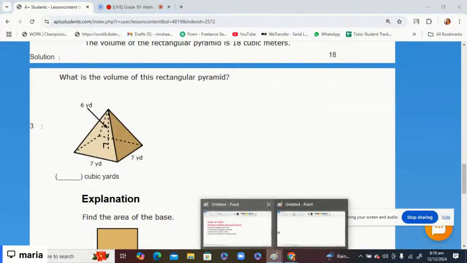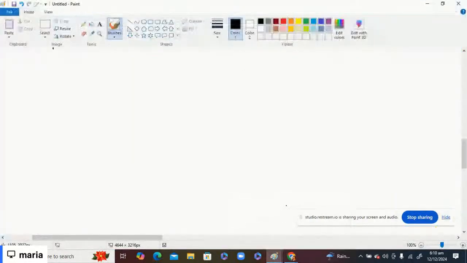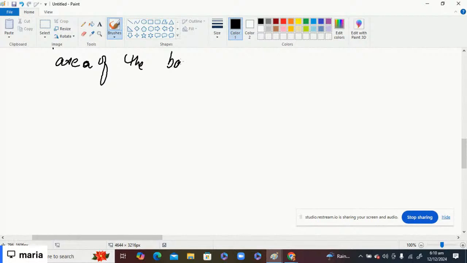Let's solve one question. Area of the base is given, which is 49, 7 times 7. And height is given, which is 6. So what is the volume?